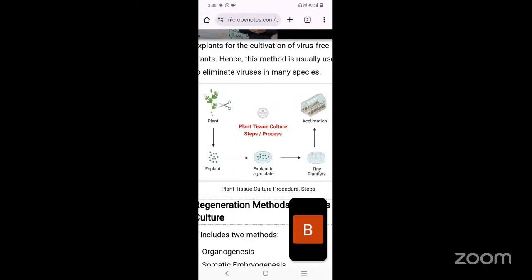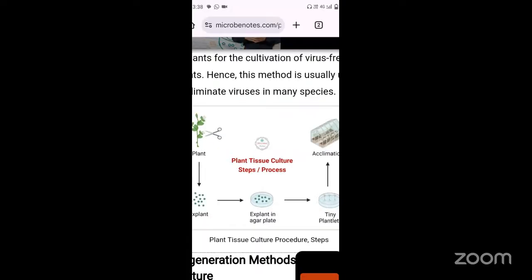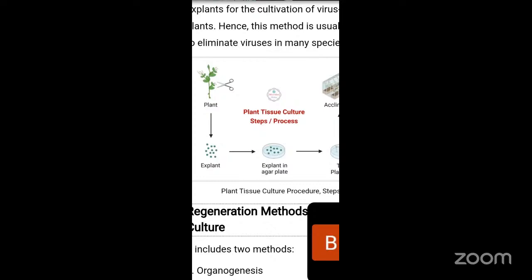These steps are involved, see here. All the steps are there.